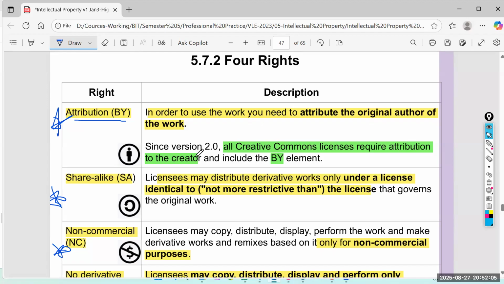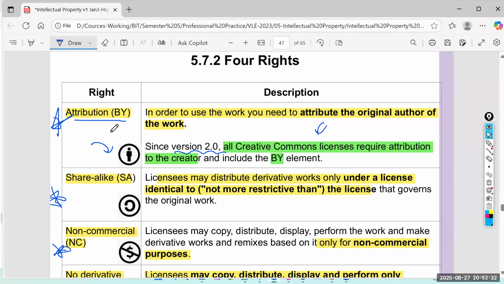From Creative Commons License 2.0, this is mandatory, right? So that means this is not optional. Other things are optional, but this is mandatory. If it is a valid Creative Commons license, that means everyone must attribute the original author.